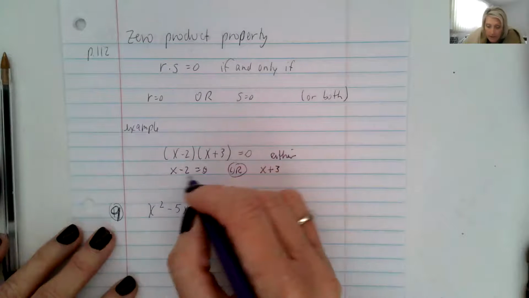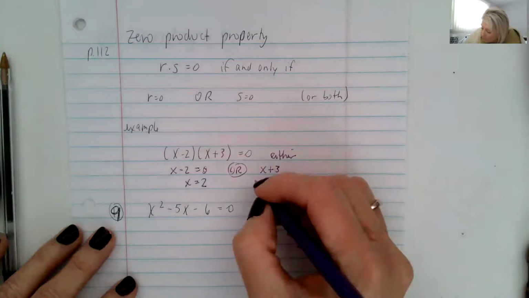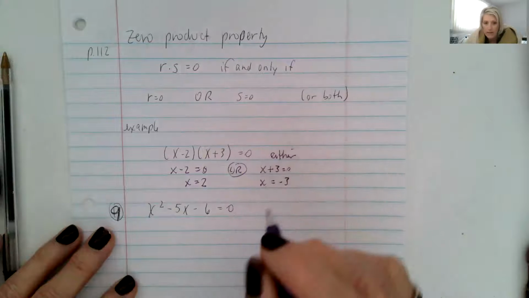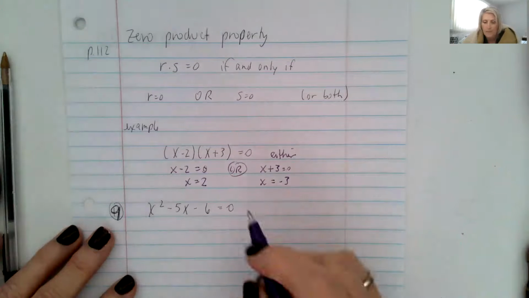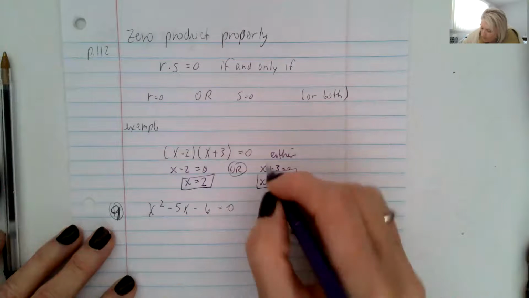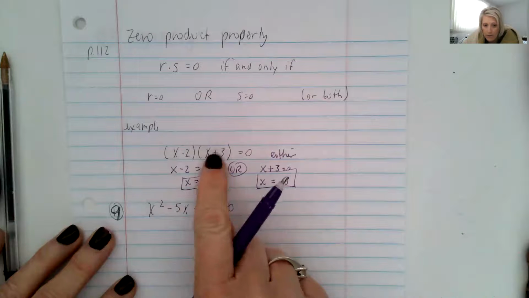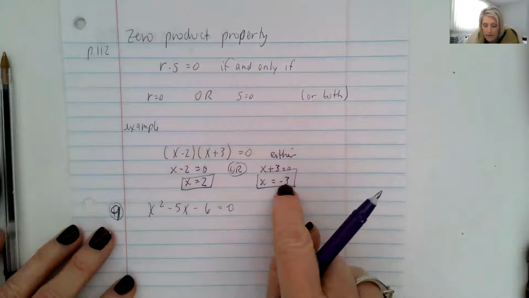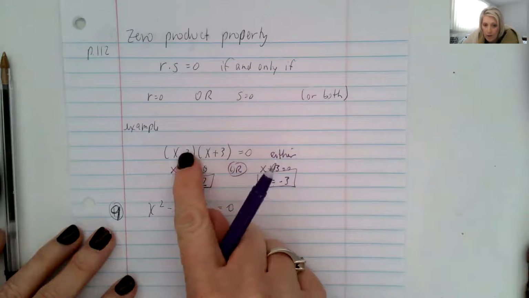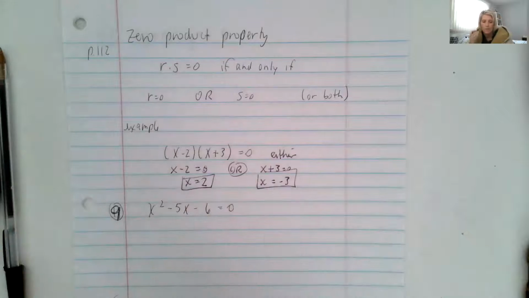So to make that statement true, that means x equals 2, if we add 2 to both sides, or x equals a negative 3 are the solutions. So if x equals 2, the first binomial becomes 0 and it multiplies to 0. If x is a negative 3, the second binomial adds to 0 and then the whole product multiplies to 0. So either of those will make that statement true.